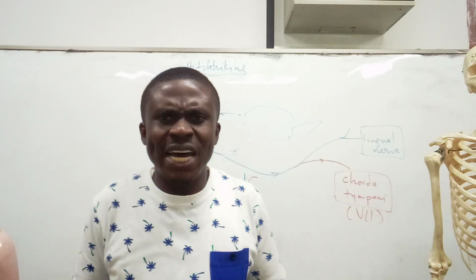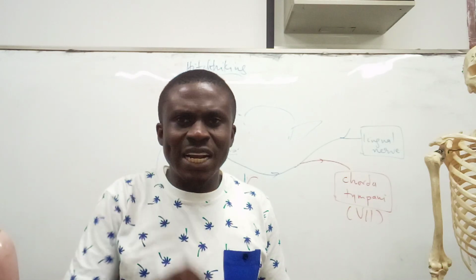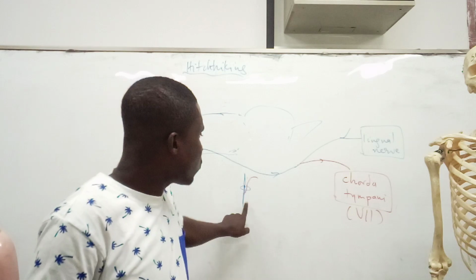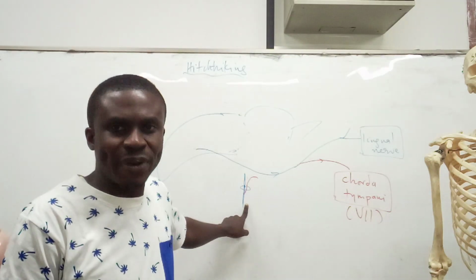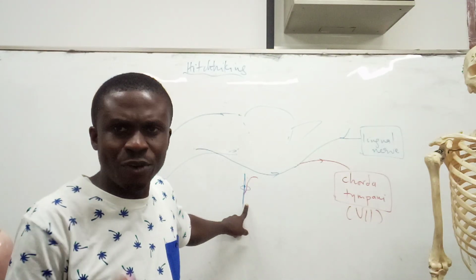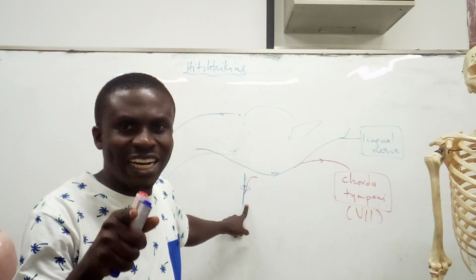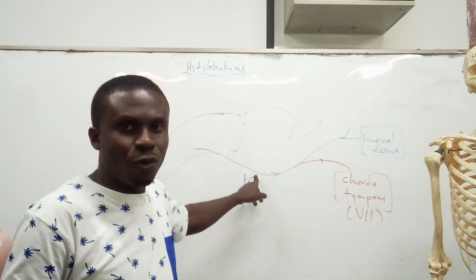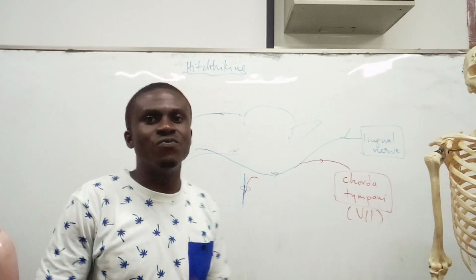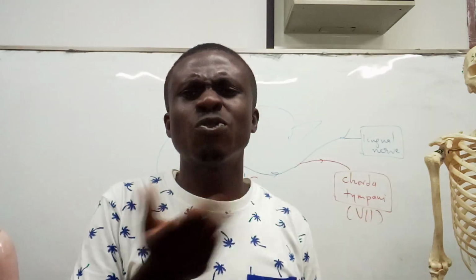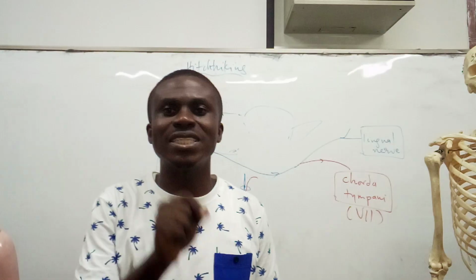You give credit where credit is due. And that is why we don't say that it is supplied by the vagus nerve. I rather say that it is supplied by the cranial accessory nerve via the vagus nerve. And that is what some books will say, vagal accessory complex.